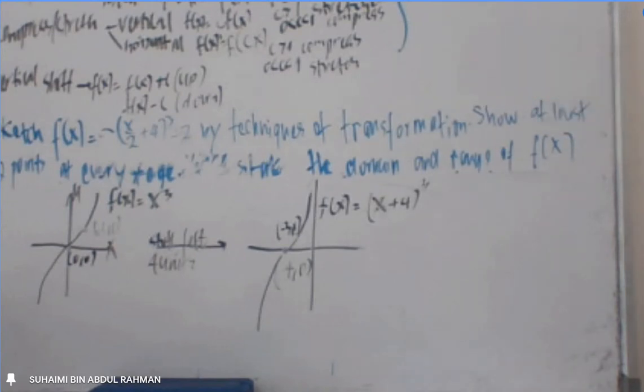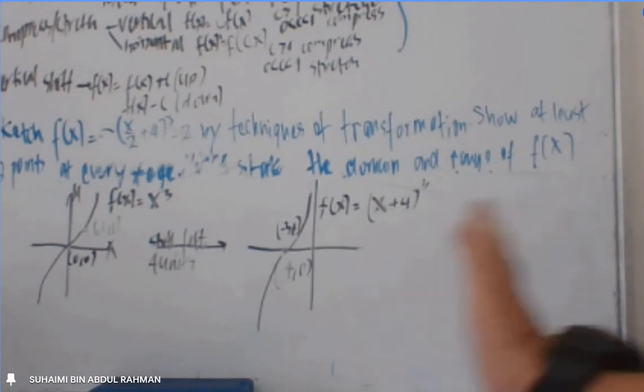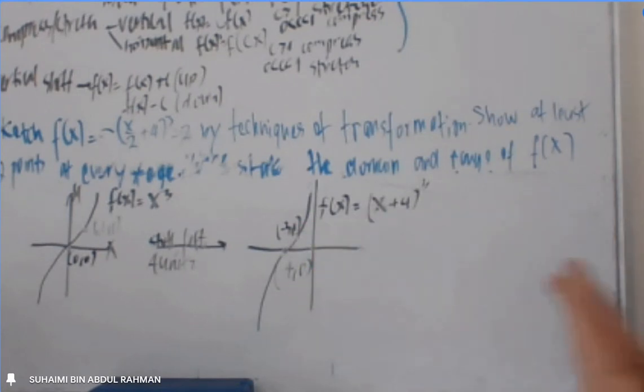So it involves only x coordinates. When we talk about left, right, x coordinates. So x coordinates must be multiplied by 2.